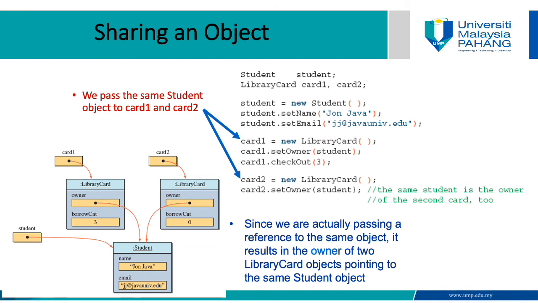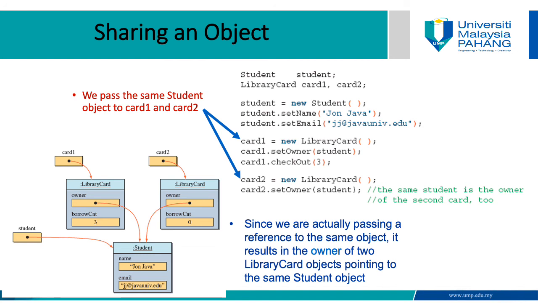In this library card we have card1 and card2, and then we are going to assign a new student with new information, such as the student name, which is John Java here, and the student email jj@javauniv.edu.